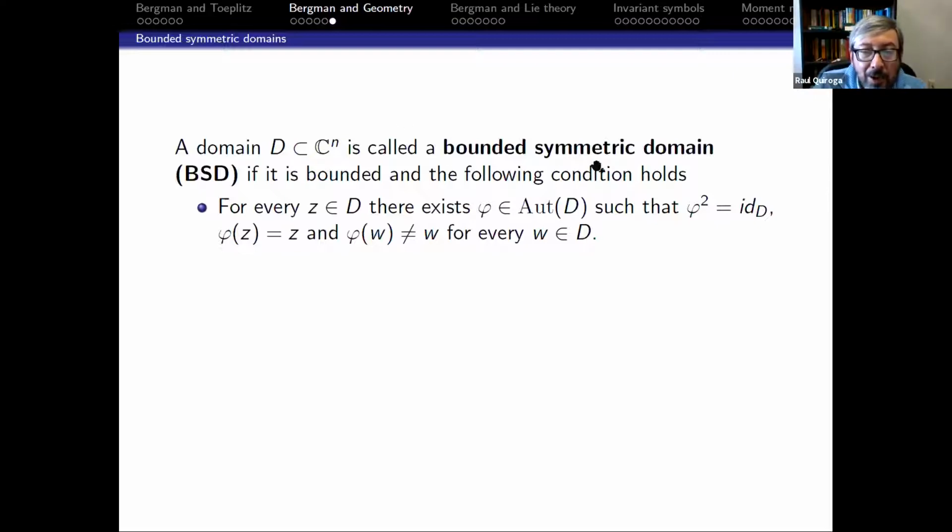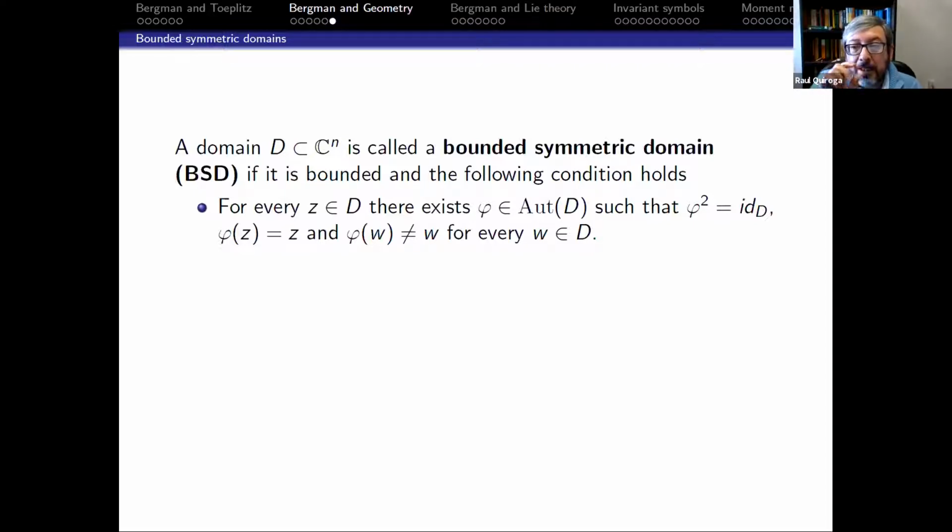We consider this other condition, symmetric, which means the following: you take a point, then there is a biholomorphism of the domain, which is involutive, its square is the identity, fixes the point, fixes no other point.